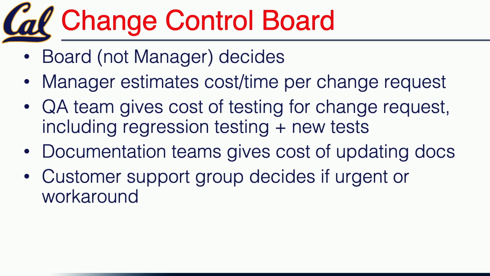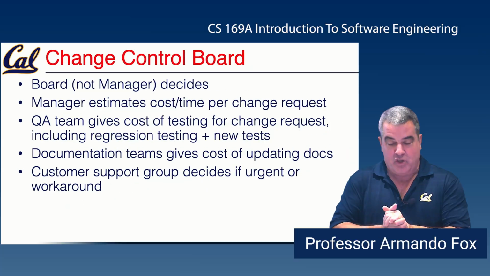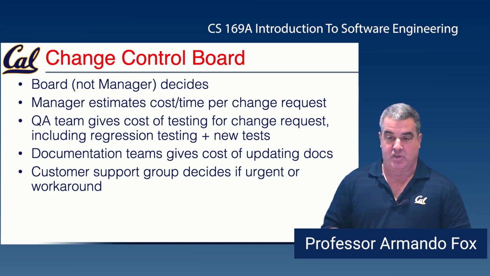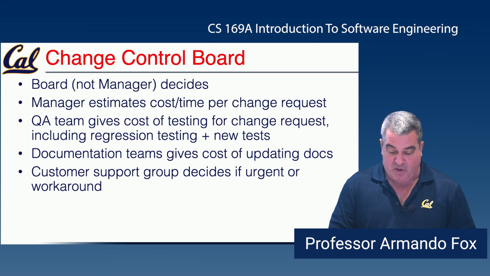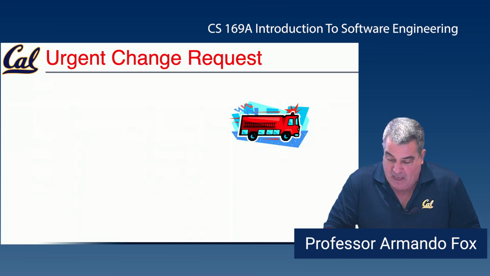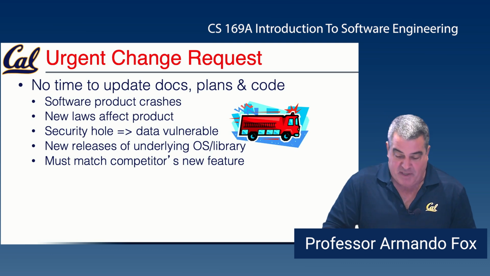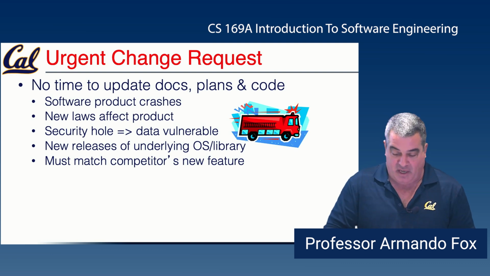And there's also a customer support group that essentially, think of them as the voice of the customer in the Agile world. They're the ones trying to figure out how urgent this is and how bad would it be if it didn't get fixed. So how many of their customers are severely impacted by this? If the change request is urgent, maybe there's no time to do all those other pesky updates to documentation and stuff like that.